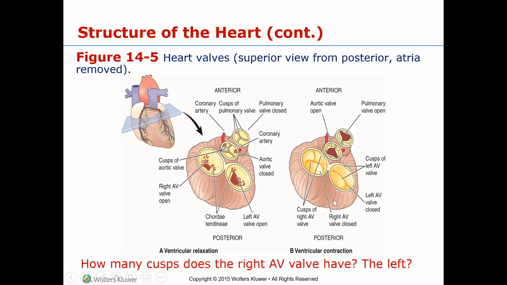Then when the valves are open during a contraction and blood is being pushed through, this is what it looks like. So it pulls them open. So again, how many cusps does the right AV valve have? The right AV valve would have 3 cusps and the left would have 2.